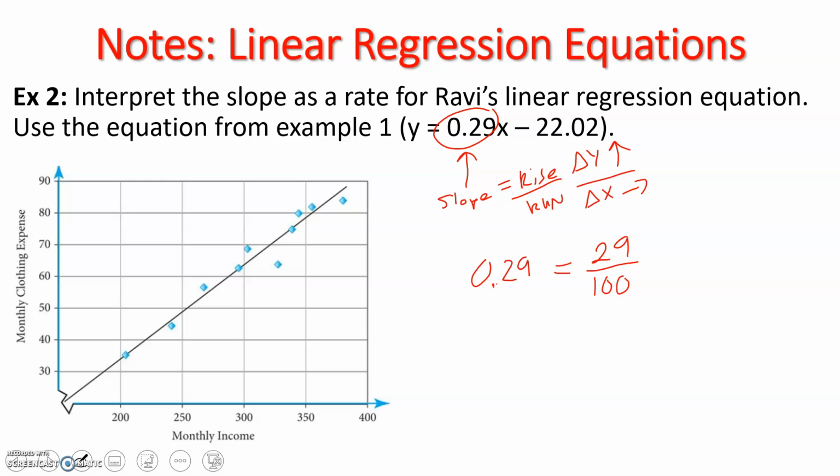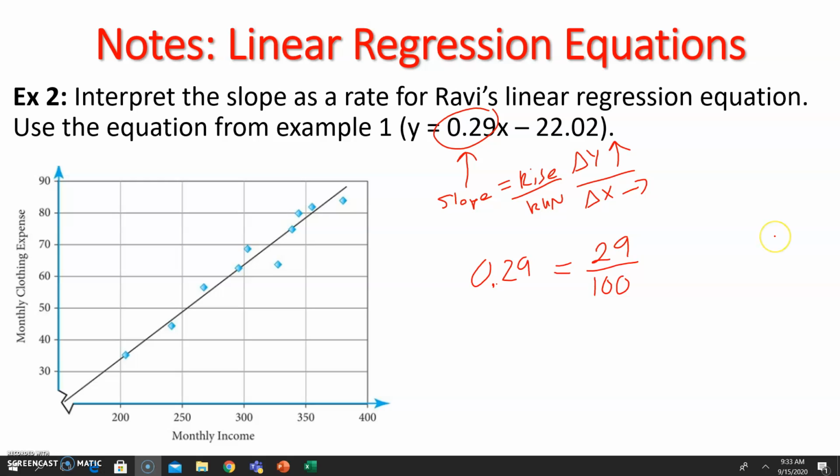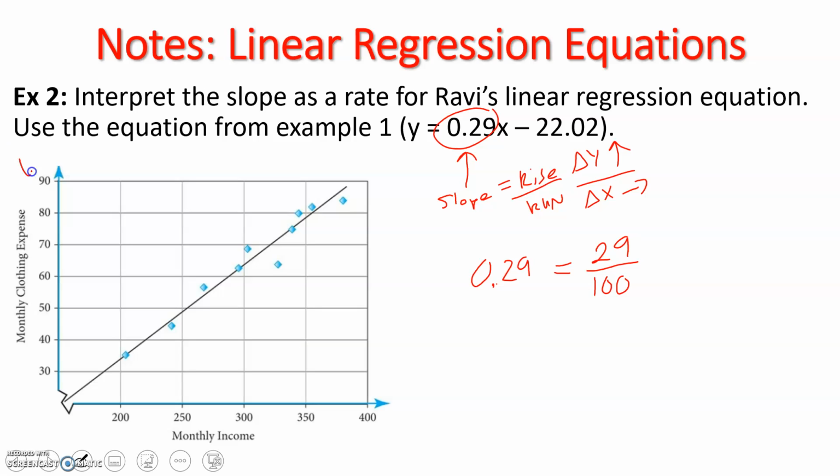So now what does this mean in terms of this problem? Remember, the numerator is going to be the change in y. So we need to look at what y represents. If we look at our graph, we can see that y is the monthly clothing expense. So this $29 is the change in monthly clothing expense. And the bottom number is the change in x.